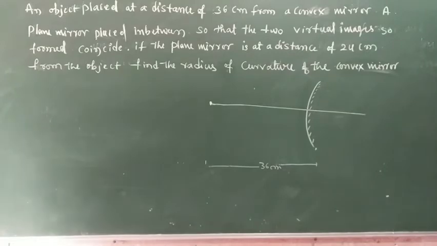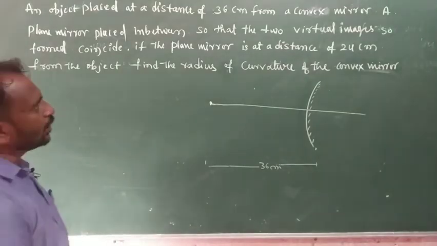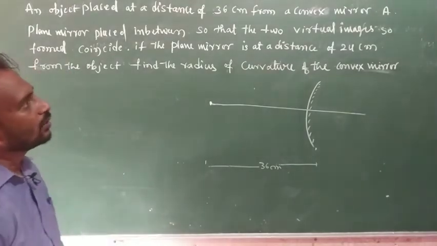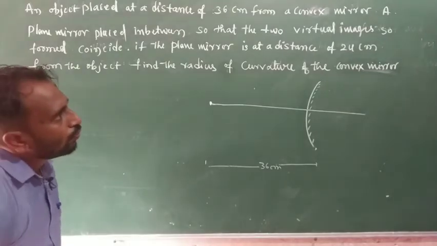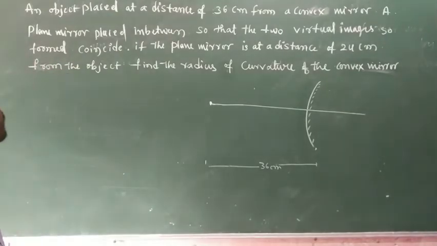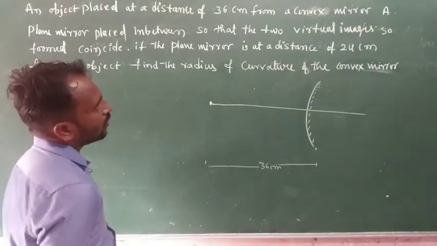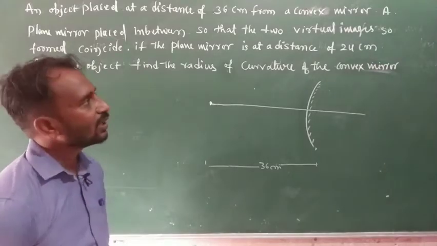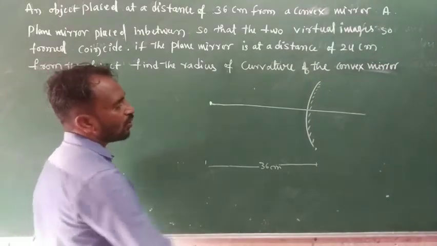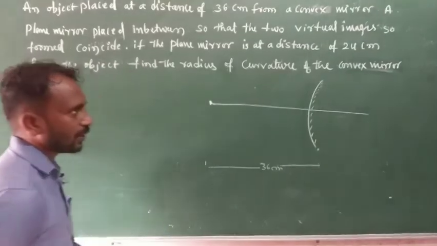A plane mirror is placed in between so that the two virtual images formed coincide. It means one plane mirror is placed in front of this convex mirror.